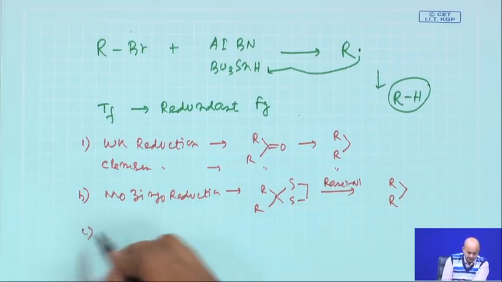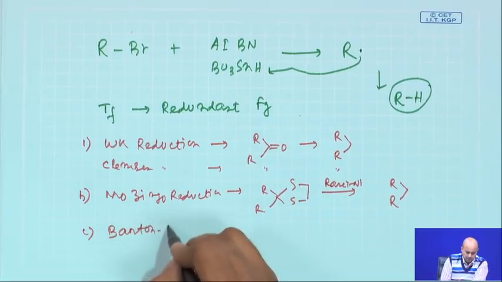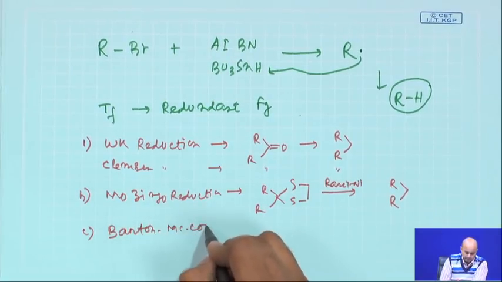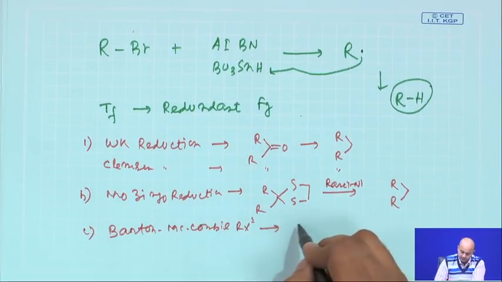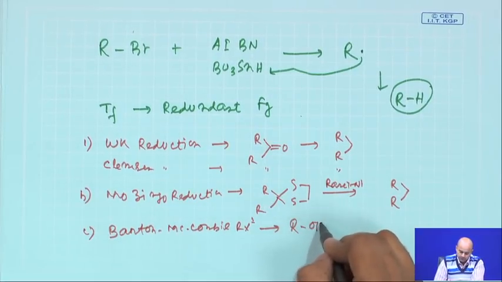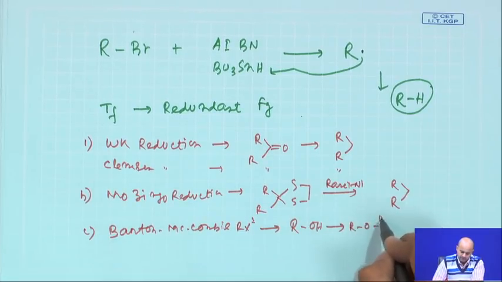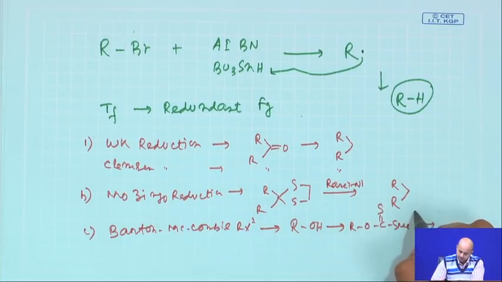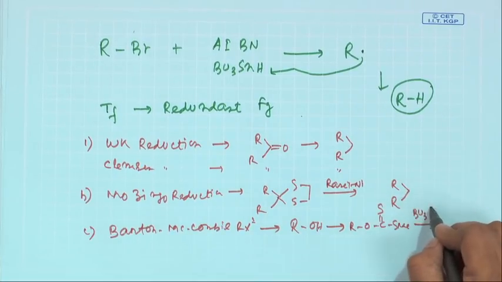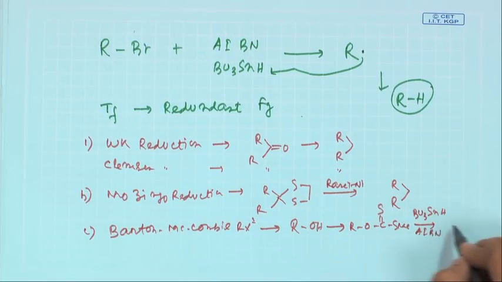And then finally, we called a name reaction, the Barton-McCombie reaction, and we say that in the Barton-McCombie reaction the transformation is you first convert a corresponding alcohol to the xanthate ester, and then you shine light with Bu3SnH and AIBN, and then you get the corresponding hydrocarbon.